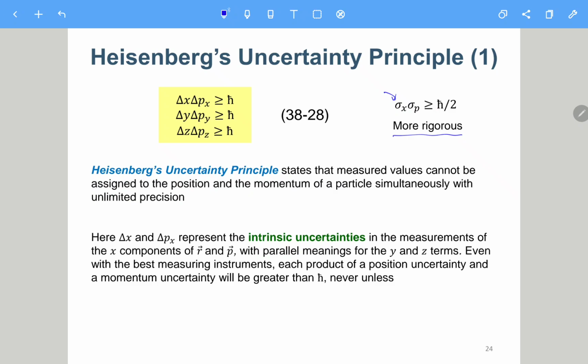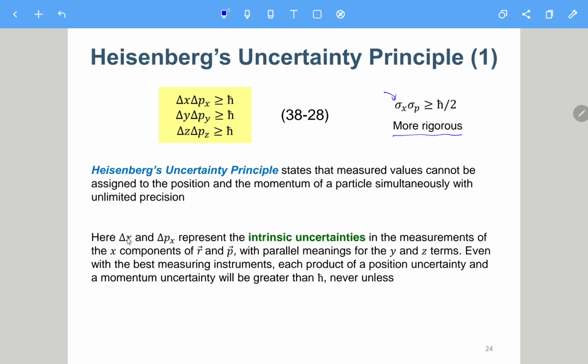Then when the light hits the particle, there will be some energy transfer to the particle, then its position or the velocity will change at the same time. So you can never measure the position and the velocity of a particle precisely at the same time.